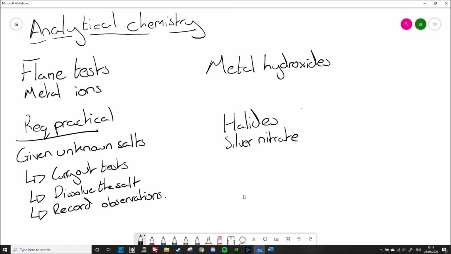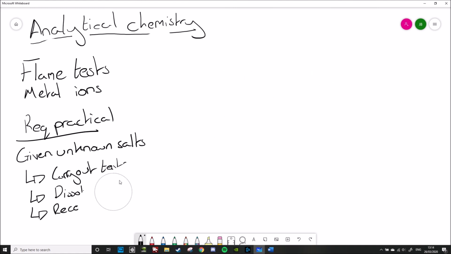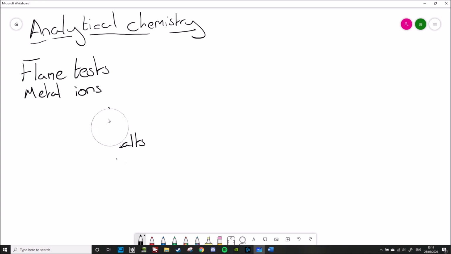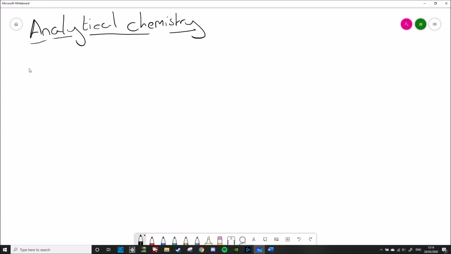Now there are two other things we've got to quickly talk about, and that is instrumental methods and flame emission spectroscopy. So, instrumental methods versus lab methods, effectively.